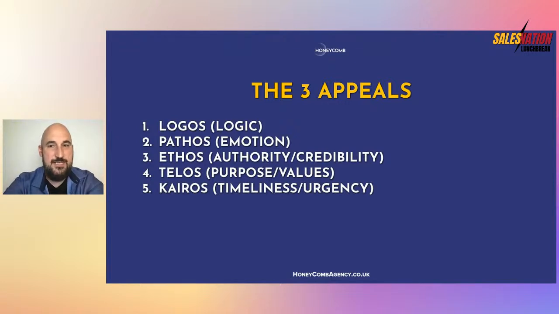In B2B sales, in enterprise sales, that's rarely the case. B2C, yeah, we can definitely check that box. But in enterprise sales, there is no incentive to have a coupon or a limited offer because of the buy cycle length, right? These are the 5 appeals.